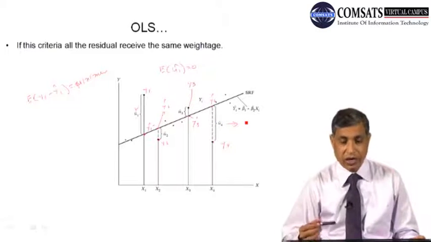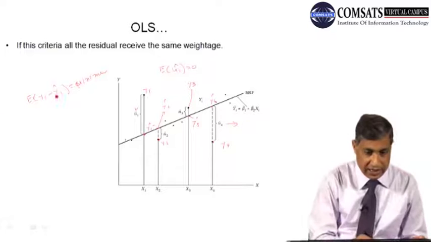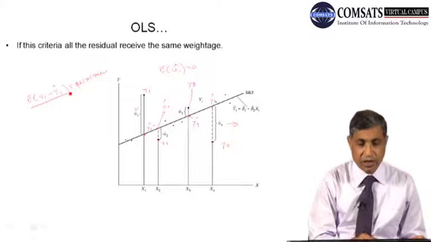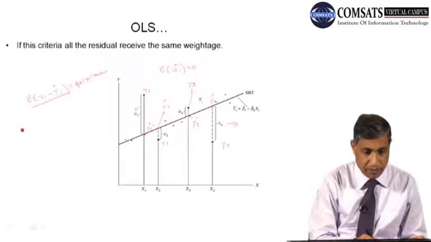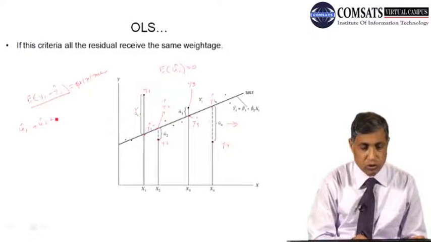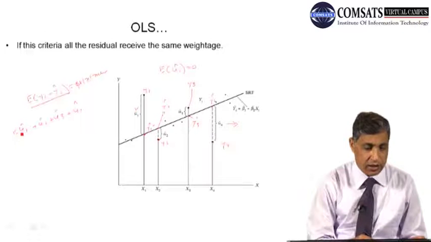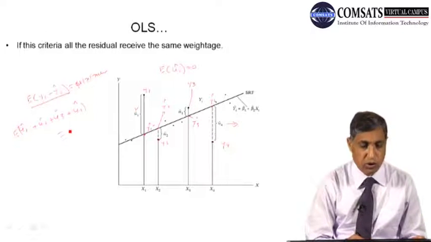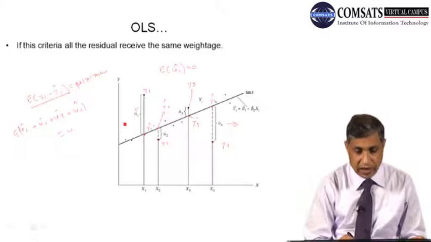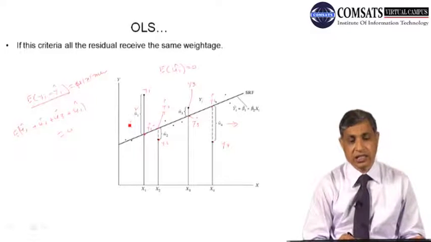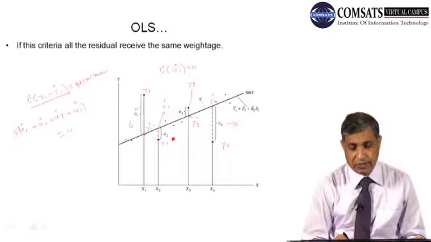So if we are interested in this term, what we are doing is just summing up u1 hat plus u2 hat plus u3 hat plus u4 hat. If you sum all of these up, this will be equal to 0. For example, suppose u1 is plus 6, and suppose this one is minus 3 because it is below the line.